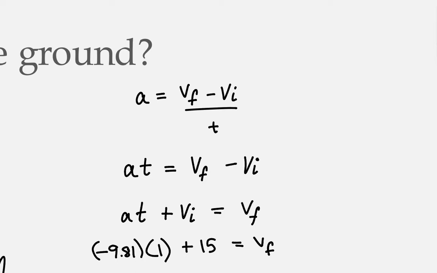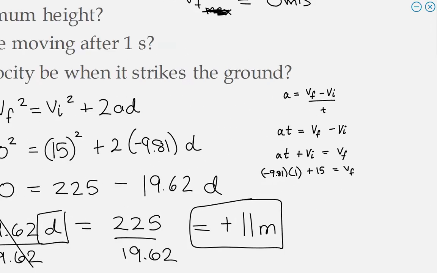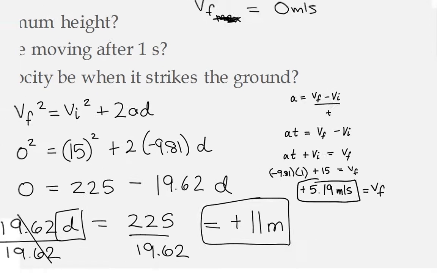Yeah, after 2 seconds, you're actually headed down, right? Okay. What was the answer to this one again? 5.19, thank you. And it's positive, right? So it's still going up after 1 second. After 1 second, it's still going up. But if you check, after 2 seconds, it's going down.